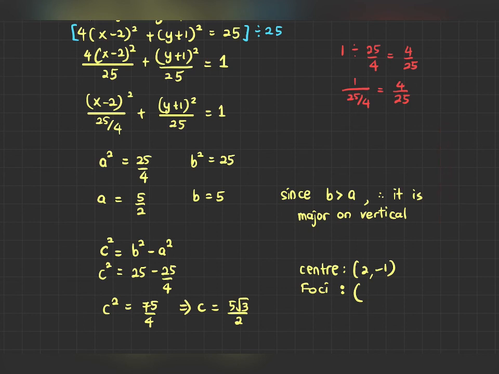Alright. So x kita sama, y kita, kita akan gunakan, mana tadi? Here. -1 plus dengan minus dengan nilai tersebut, c lah. So the foci are 2, -1 plus 5 square root of 3 over 2, and 2, -1 minus 5 square root of 3 over 2. Settle. Siap.